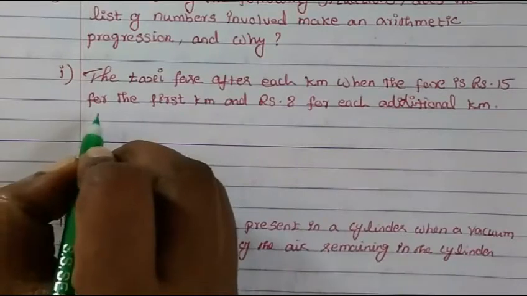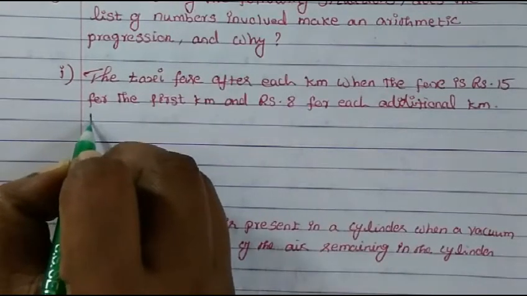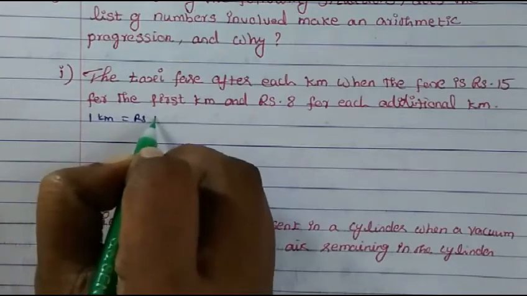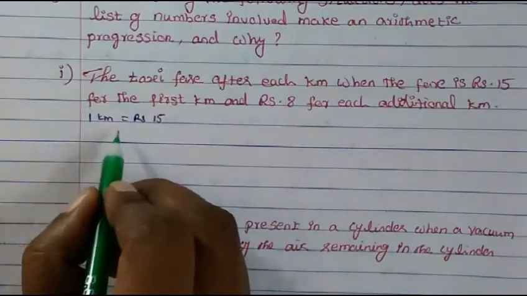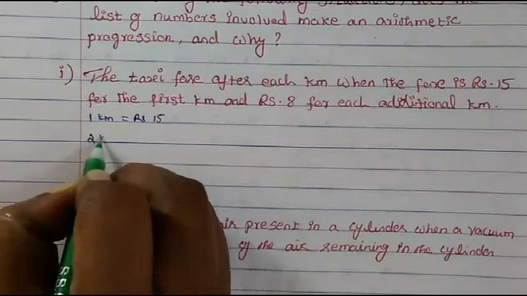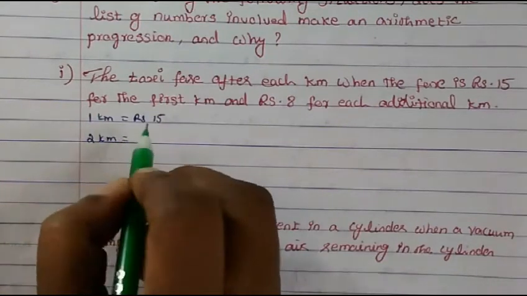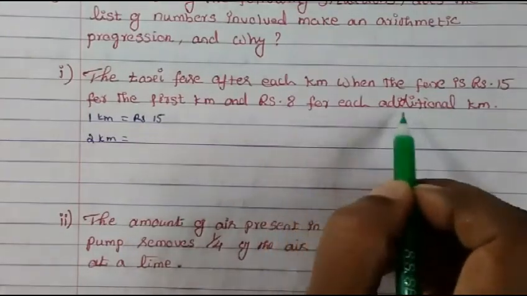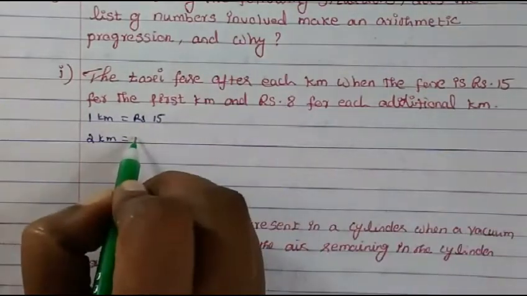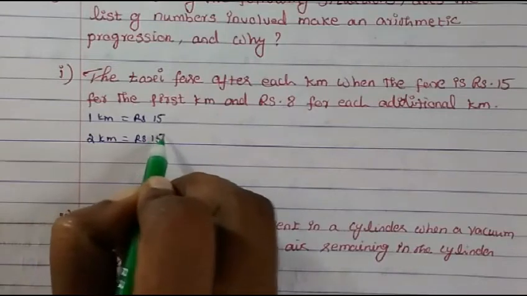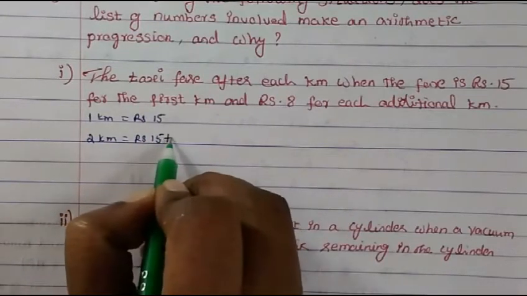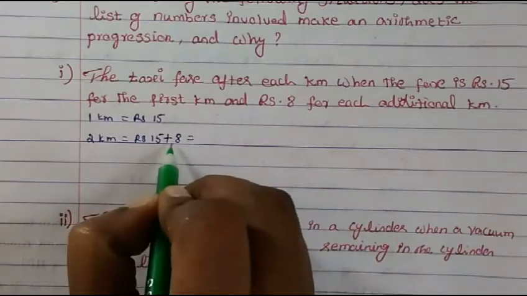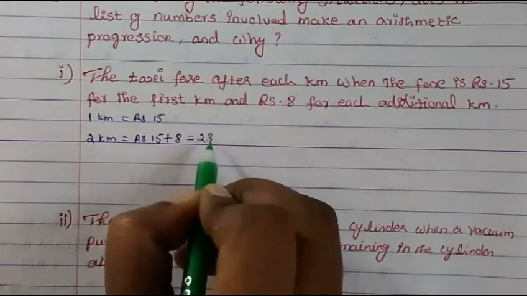The first kilometer is rupees 15, and for the second kilometer 8 rupees is added for each additional kilometer. So 15 fixed plus 8 will be 23.